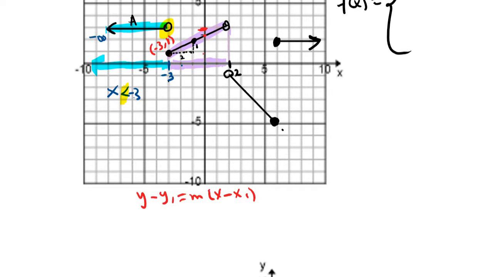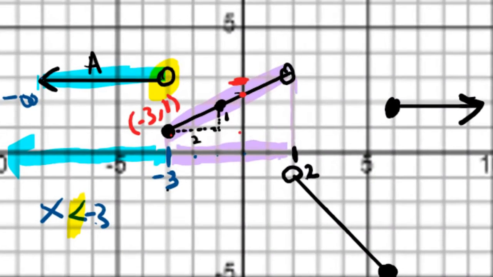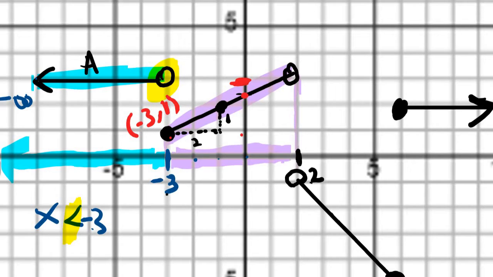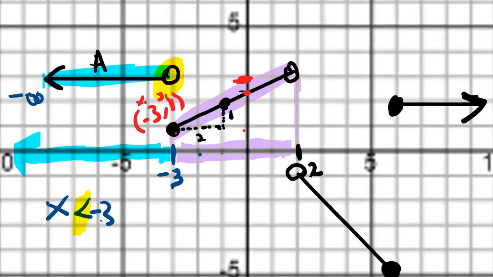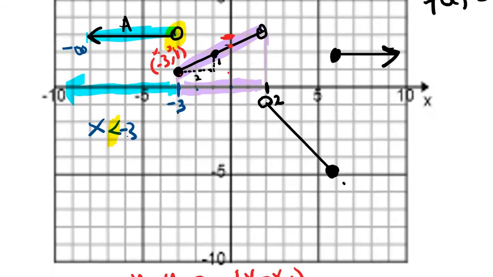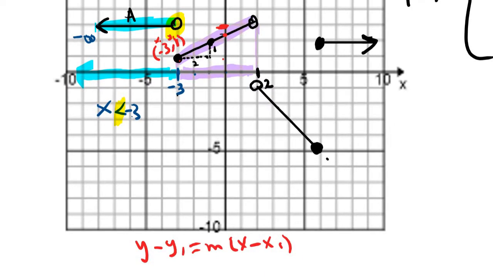Let's plug it in. Zooming back again to show those kids that might have trouble identifying what is x1, y1. I hope you don't have that trouble. So this is x1 and that's y1. So y1 is 1 and x1 is -3.